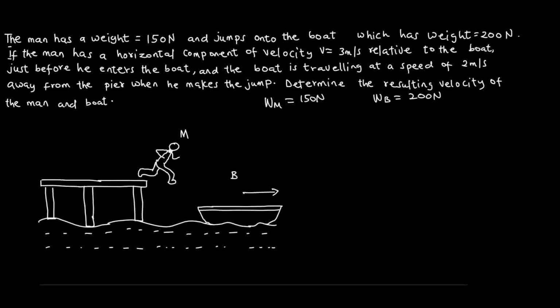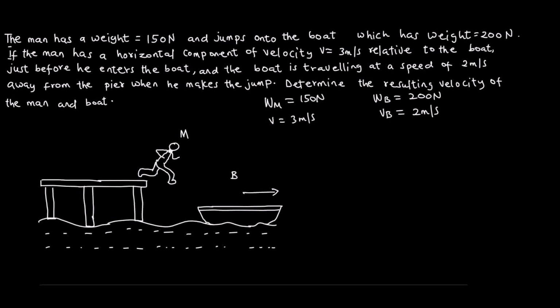And we've been told that the man has a horizontal component of velocity v, which is given as 3 meters per second relative to the boat just before he enters the boat, and the boat is traveling at a speed of 2 meters per second. So the velocity of the boat is given as 2 meters per second. We have to determine the resulting velocity of the man and the boat.